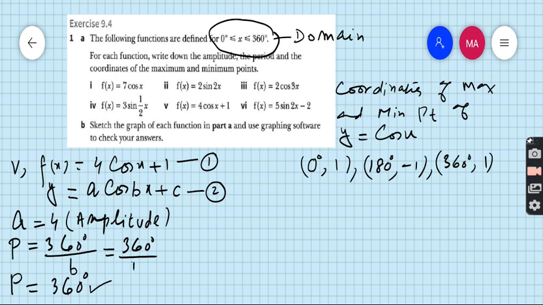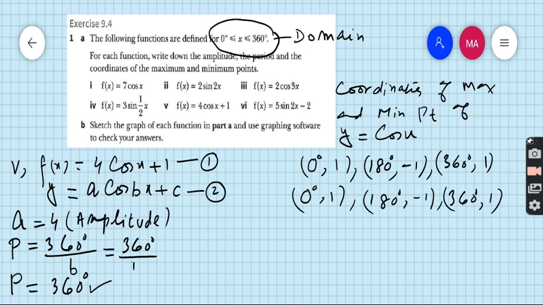This is 0 degree, again 0 degree, this is 180 degree, again 180 degree, because the period is the same. The period of y equals cos x is 360 degree, and the period of our question, 4 cos x plus 1, is also 360 degree. So there is no change in angle.